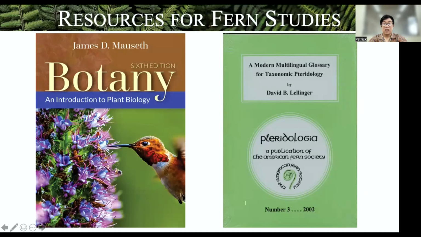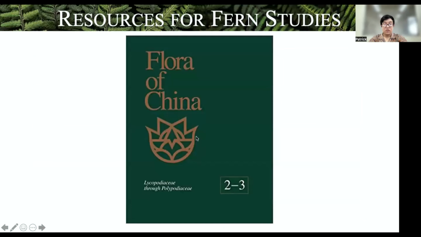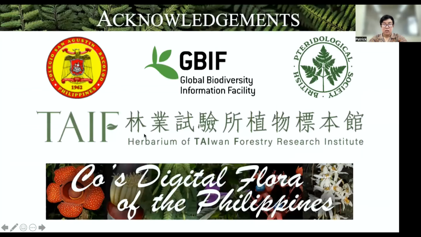This book is actually available online for free in the Biodiversity Heritage Library. Flora of China, although published almost 10 years ago, still contains taxonomic keys that are very important and useful, also available in ResearchGate.